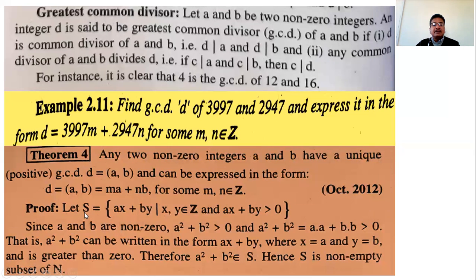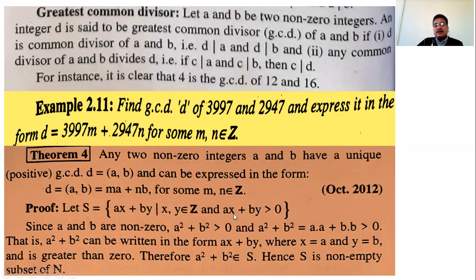So we define the set S as ax plus by for some x and y belonging to Z, where ax plus by is strictly greater than 0. Here a, b, x and y are integers, and multiplication of integers is an integer and the addition of two integers is an integer, therefore ax plus by is an element of Z, and it is greater than 0.